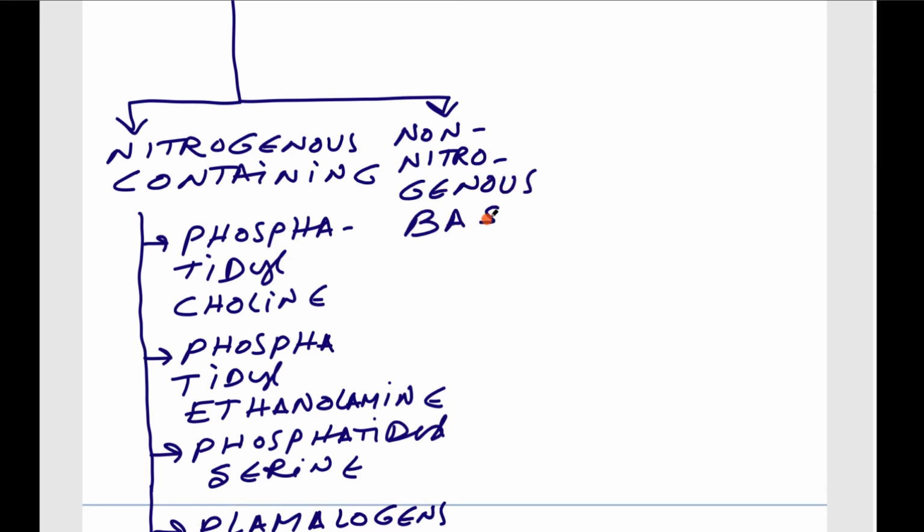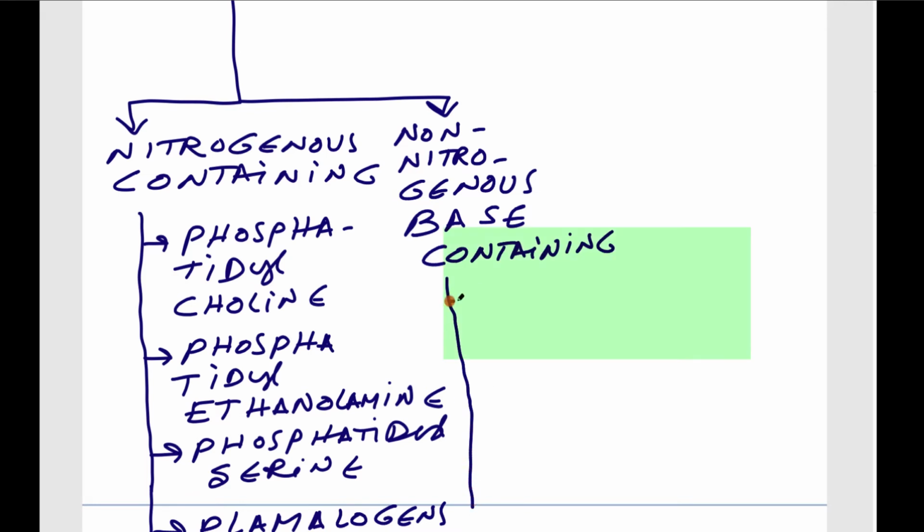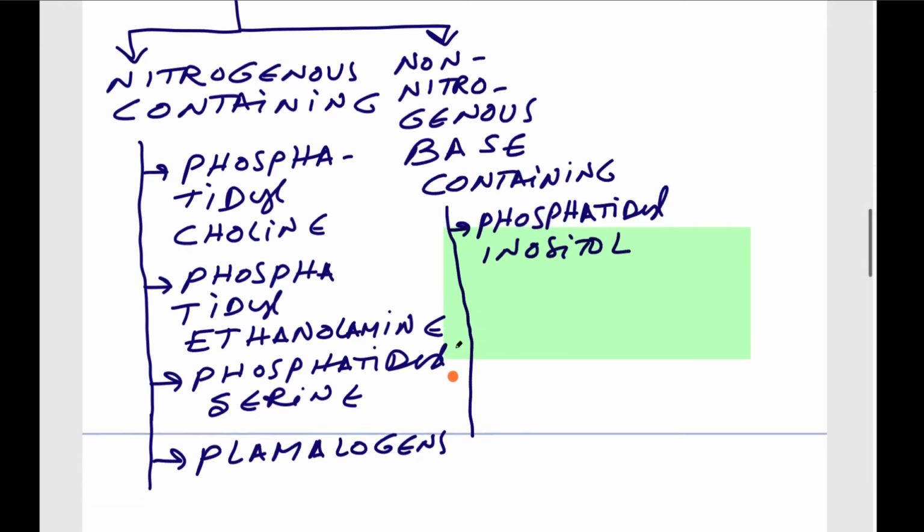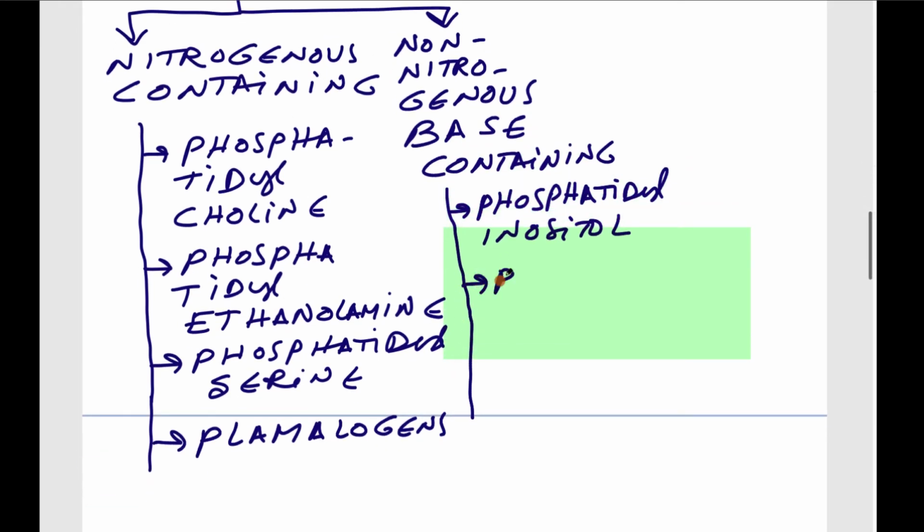The second one is non-nitrogenous base containing lipids. Here we have phosphatidyl inositol. There is no nitrogenous base. It acts as a second messenger. Then phosphatidyl glycerol.